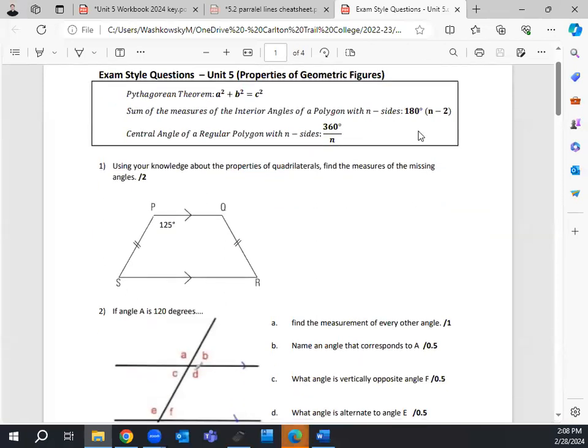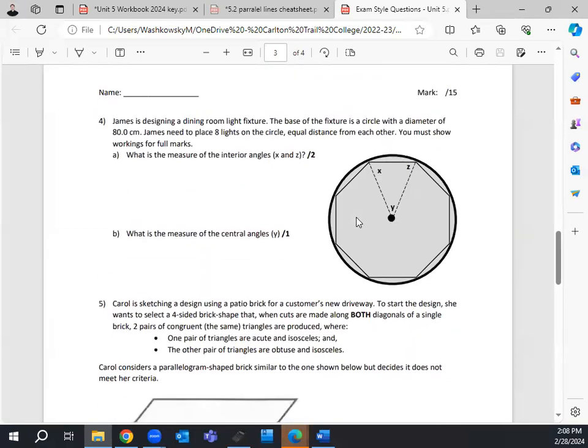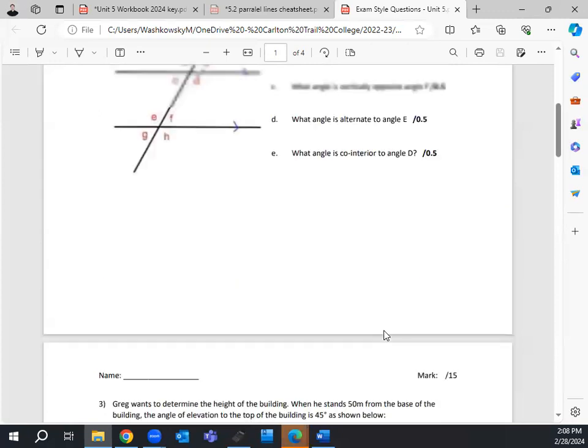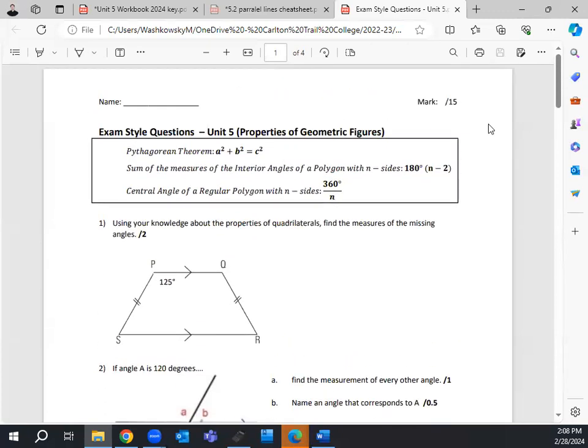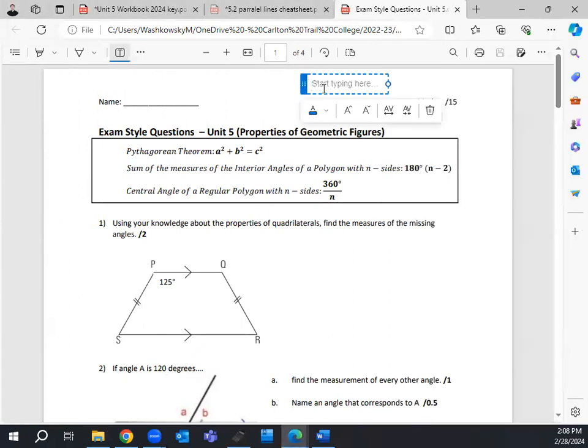Okay, so just going over this assignment here. I'll pass this out to you right away. This is the purple sheet for those of you online.